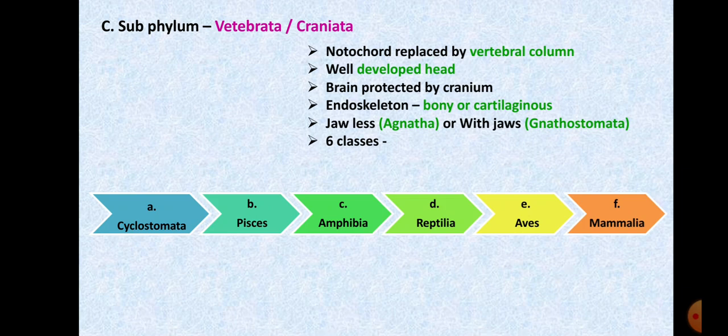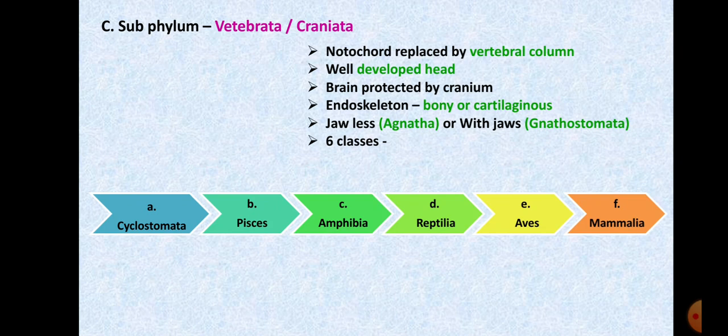Okay, brain protected by cranium. The endoskeleton, okay, endo means inside, either it is bony or cartilaginous. Bony means either it is made up of bones or else it will be made up of cartilage. Jawless or with jaws.